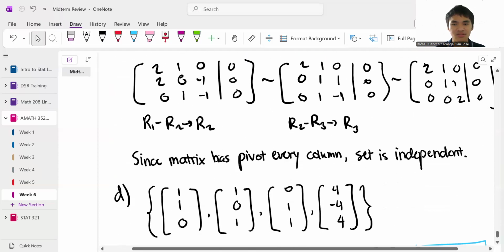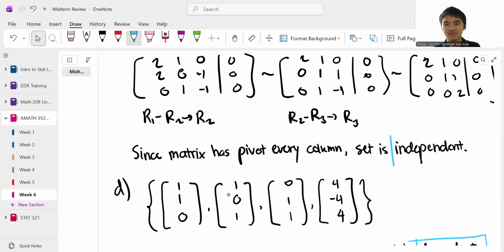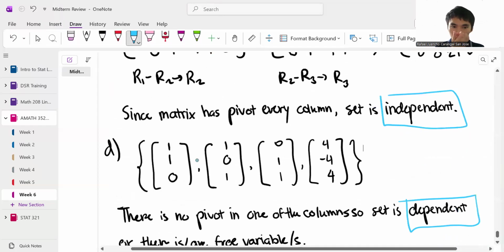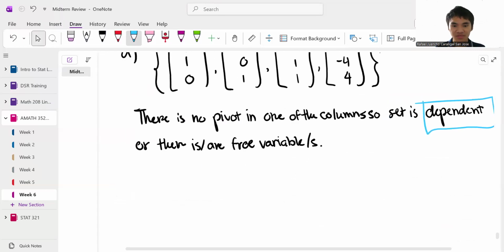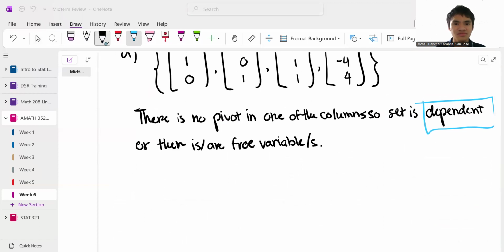Third one is, I said independent. Third one is independent. Yeah. Okay. And then fourth one is dependent. Yeah. Correct. Cool. Okay. Let's try the last. No, not the last one.